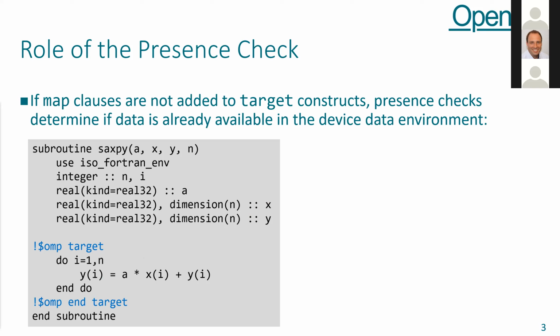If you remember in the last webinar, we told you that OpenMP implicitly adds something like a map clause and tries to figure out that X and Y are used on the target device, and it's going to add corresponding map clauses to the target construct. And I had a yellow sticker on the code that said, actually, it's not a map clause that is added, but a presence check.